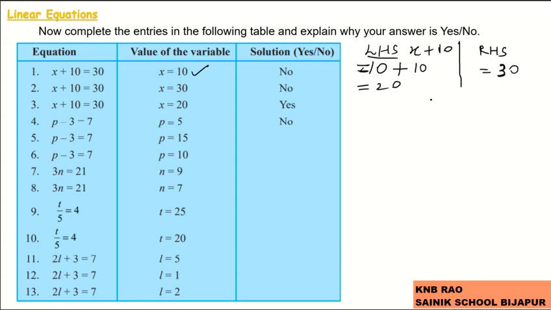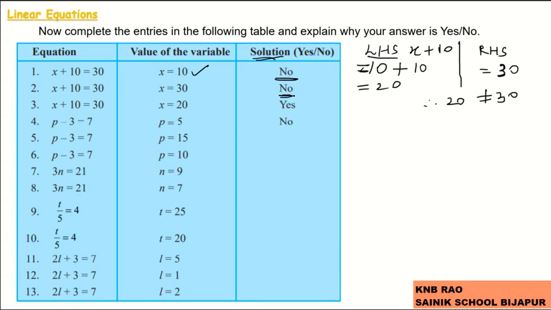Are they equal? Here 20 cannot be equal to 30, therefore we say x equals 10 does not satisfy x plus 10 equals 30. It is not a solution for this equation.